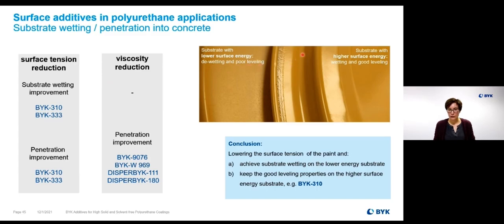Right-hand side, we have a substrate with higher surface energy, and there we have good wetting and good leveling. So the conclusion for us is we have to reduce the surface tension so that we achieve a good substrate wetting on the lower energy substrate. And we have to keep a good leveling on a higher surface energy substrate, for example, with BUC 310.